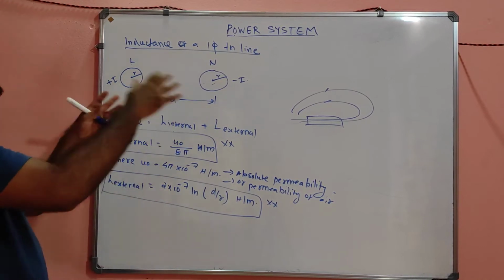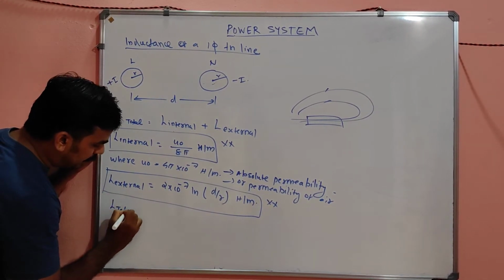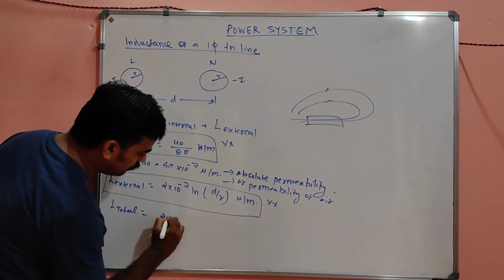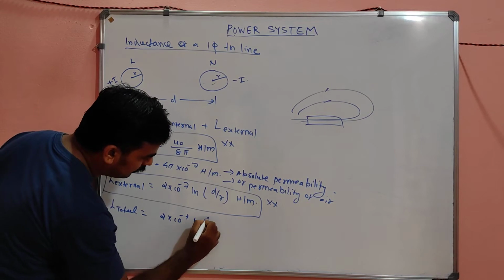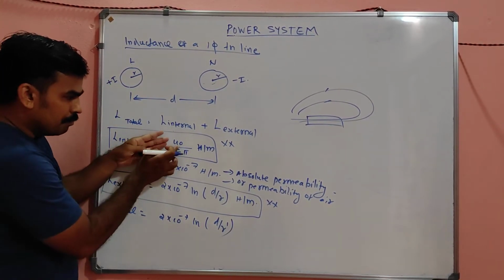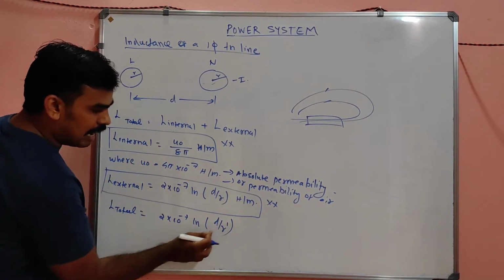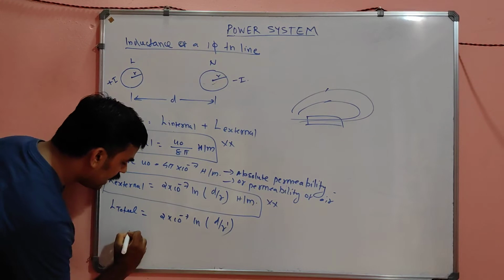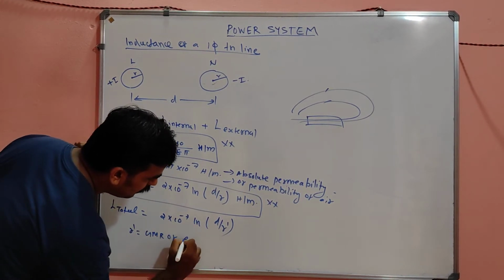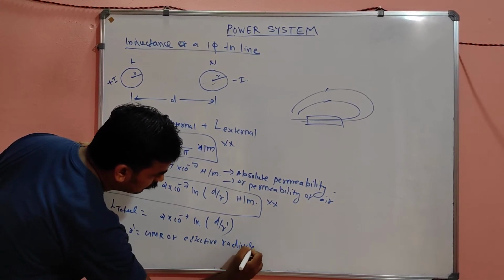If you combine these together, my dear, we get L total equal to 2 into 10 raised to minus 7 ln d by r dash. D by r dash, because we merged mu 0 by 8 pi into this equation, so that r becomes r dash, where r dash is called the GMR or effective radius.